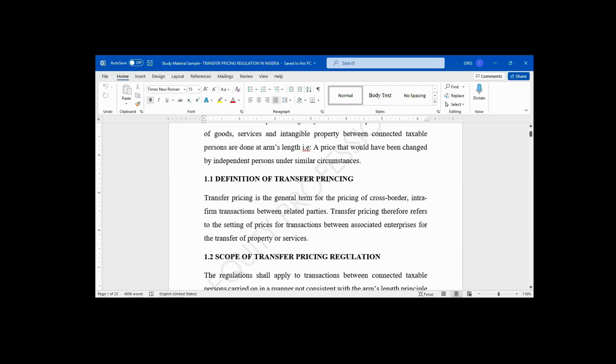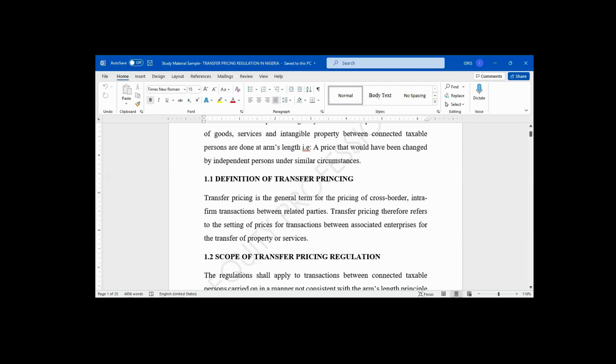So that is what transfer pricing means. If company A is a subsidiary, while company B is the parent, and company B sells goods to company A, the price charged by company B is called transfer pricing. The price at which goods and services are transferred between two interrelated parties.